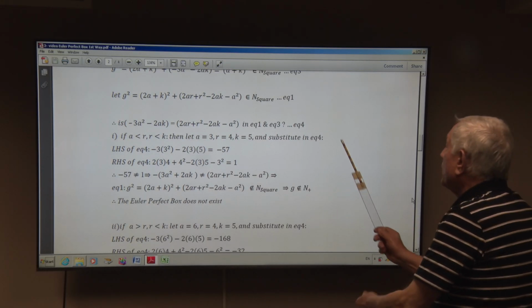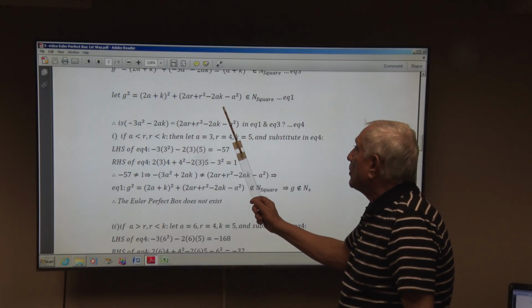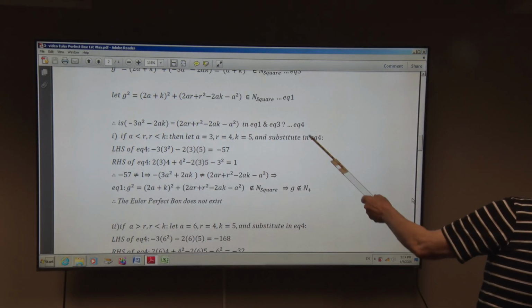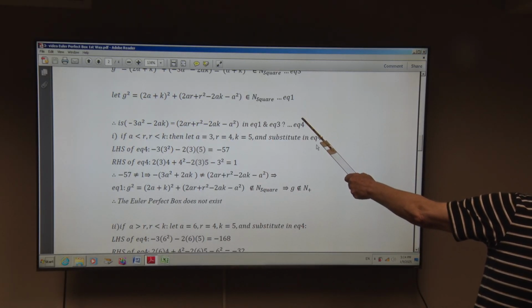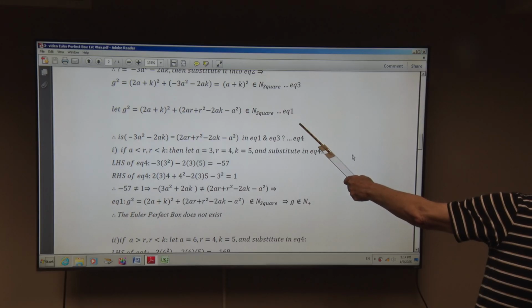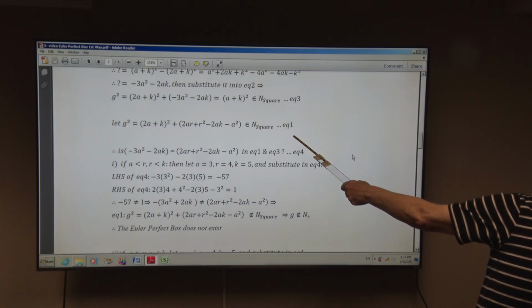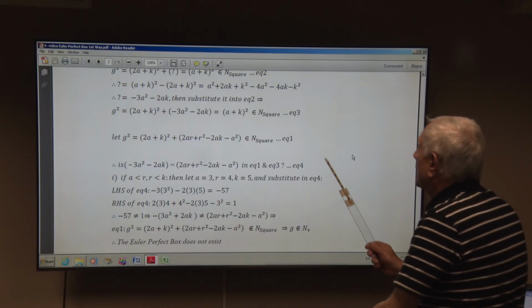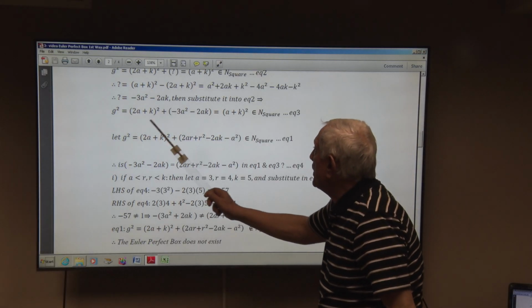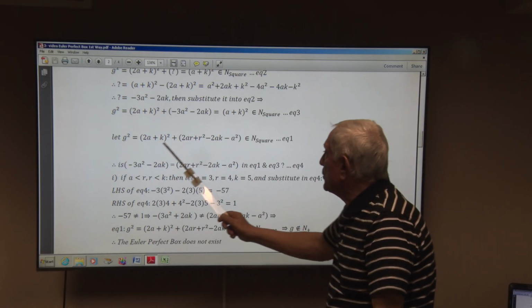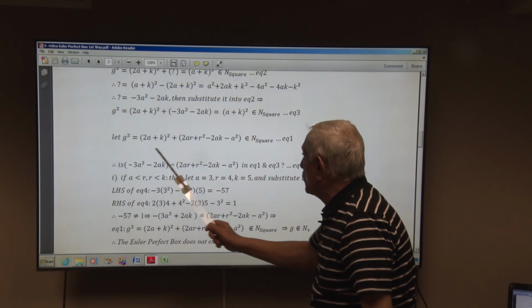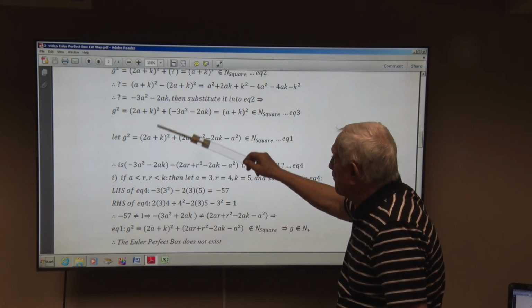Okay, look at this. Compare equation 1 and equation 3. Equation 2, equation 1, I told you it is square. Compare them.